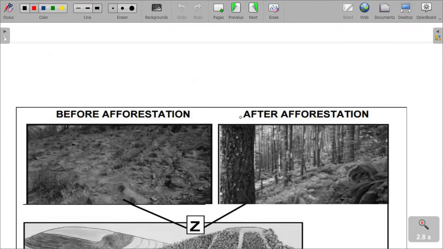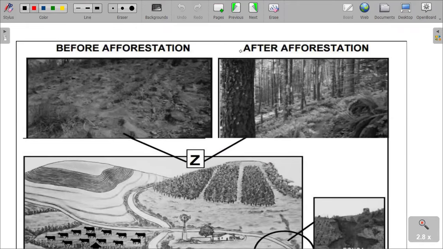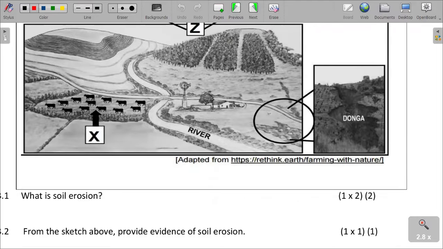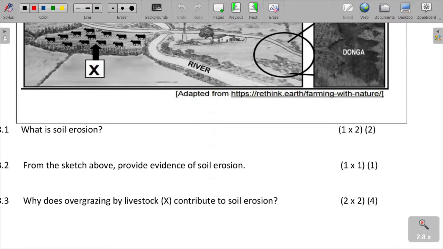And then we are given before afforestation and after afforestation, and we are given animals there, a river, and a donga.